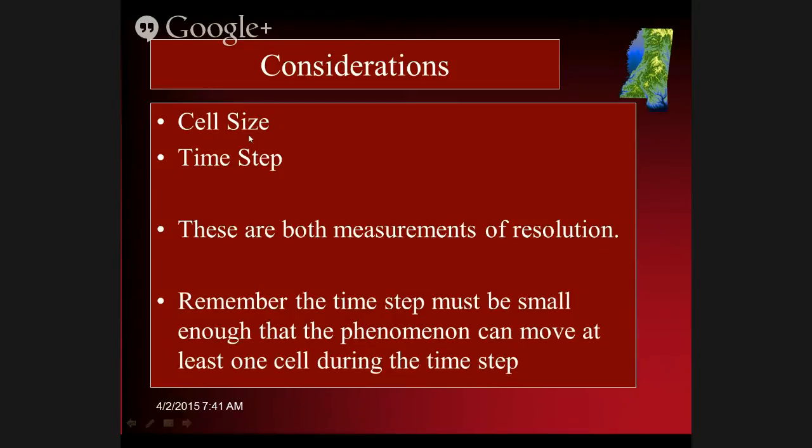Like I said, your phenomenon needs to be able to grow. So you need to establish a cell size that's small enough or a time step that's small enough that your phenomenon actually makes it out of the original cell. And by the way, the cell size and the time step will influence your results.